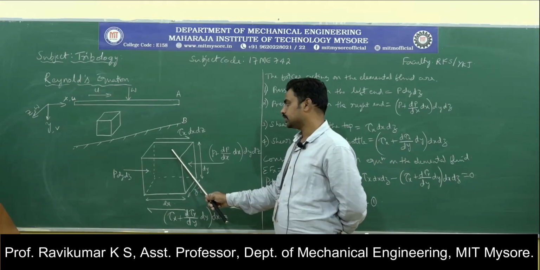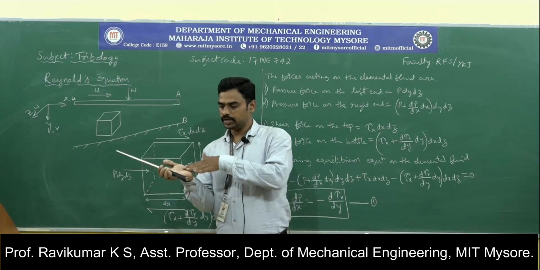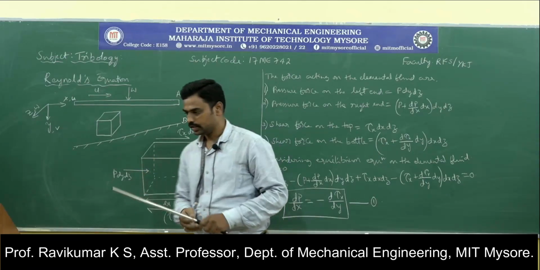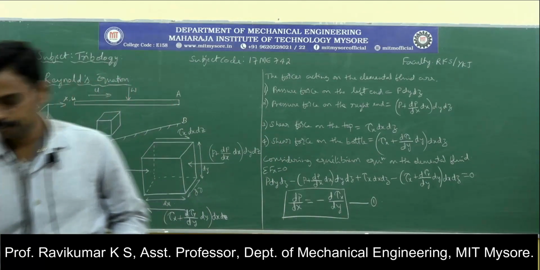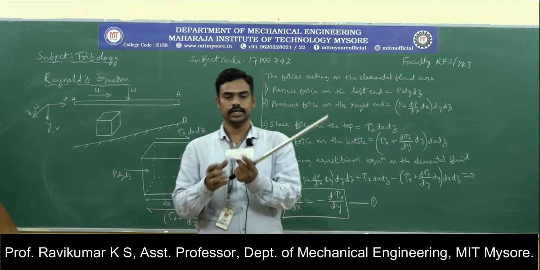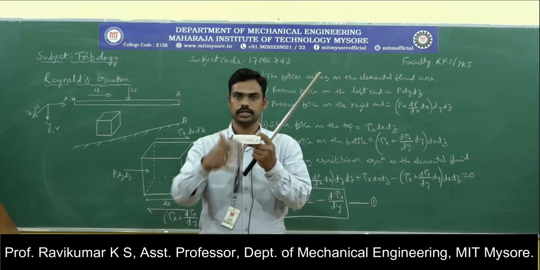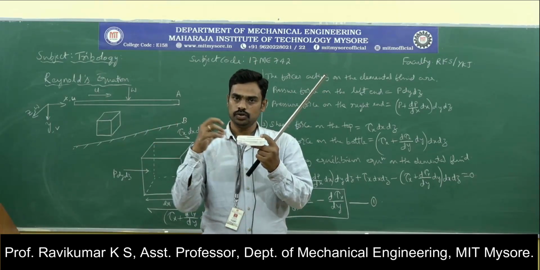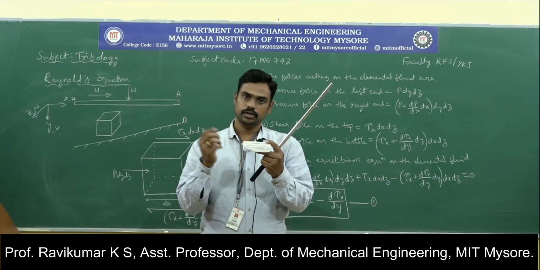Similarly at the top surface, but at this surface it will be shear. If I consider an element like this, it will be under hydrostatic pressure throughout. So pressure into area gives you the force.